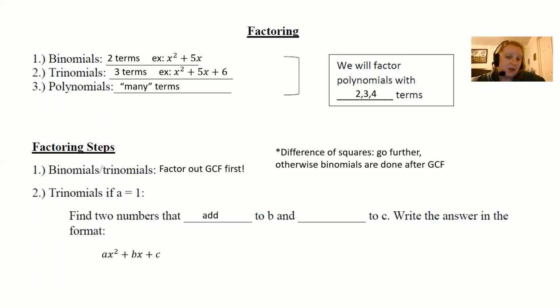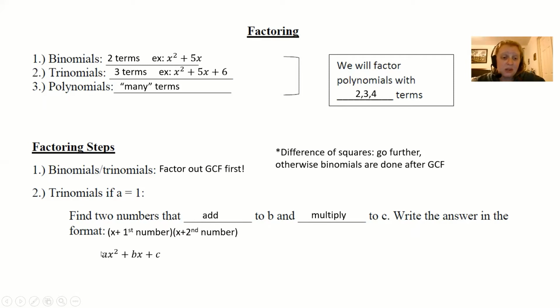You're going to find 2 numbers that add to your b term, the middle term, and multiply to get you the c term, or your constant. You find your 2 little mystery numbers, and then you can just set up your answer as x plus the first number, and then x plus the second number, and you're done. It is a huge time saver, but the criteria has to be met. That's only good if a equals 1.